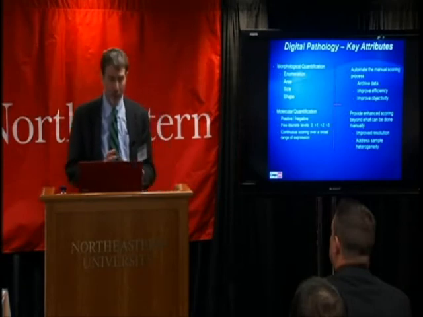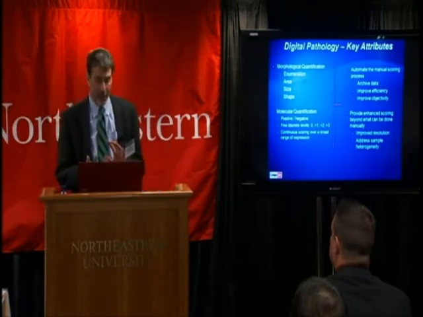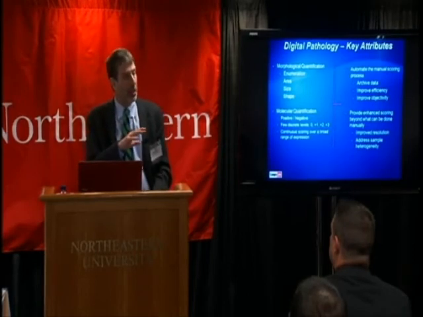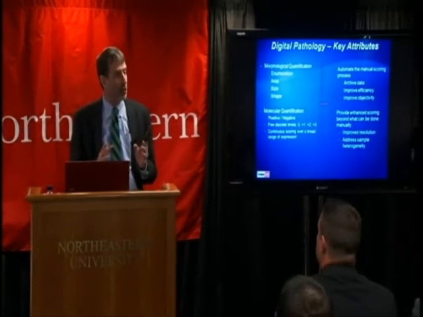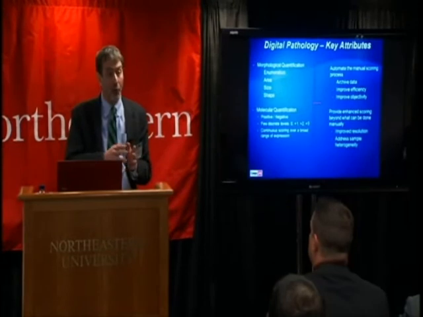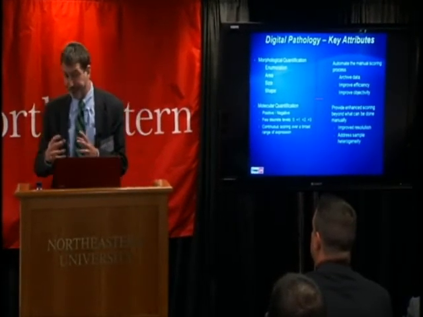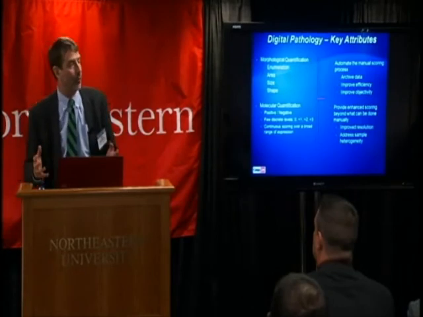So if we look at what one can do with imaging, I've broken it down a little bit here into morphological quantification and then molecular quantification. And again, as Badri said, molecular quantification can span a range between positive and negative all the way through to continuous scoring over a broad range.